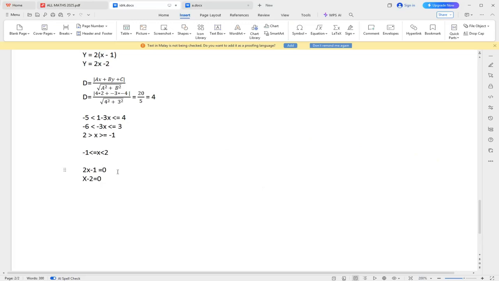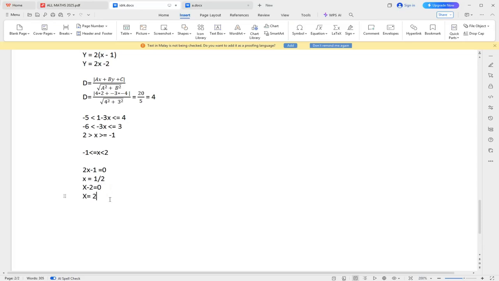We do this to get our two cutoff points. Solving the first part, we have 2x plus 1 is equal to 0. If we send 1 the other way and divide all through by 2, we have x is equal to negative 1 on 2. Now for the second, we have x is equal to 2.